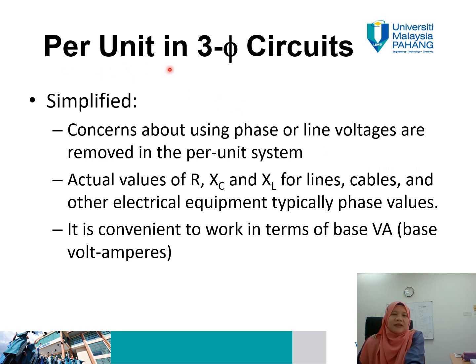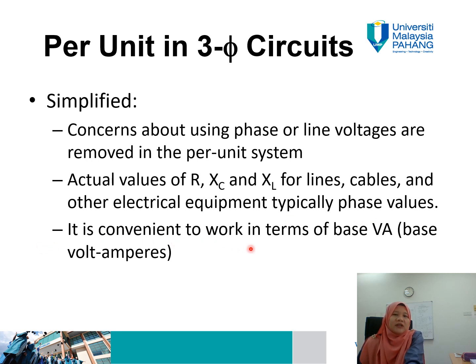For the per unit system in a three-phase circuit, we are concerned about using phase or line voltage, and this can be removed in the per unit system. The actual values of the resistance, the reactance due to capacitance, and the reactance due to inductance for the lines, cables, and other electrical equipment are typically in phase values.